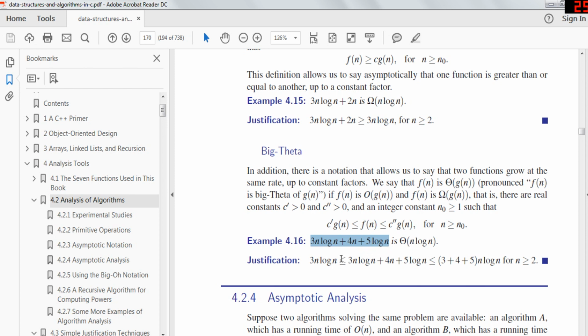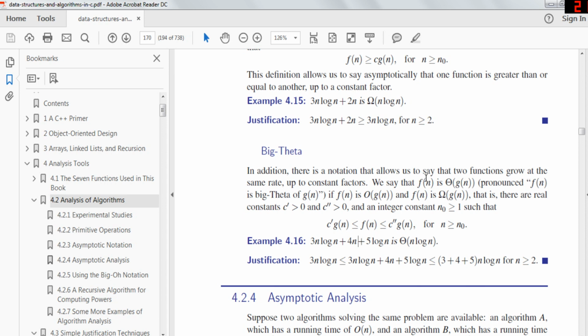That basically means that you can take the function that it is big theta of and multiply it by a constant, and it's going to be less than or equal to your function, but your function is going to be less than or equal to 3 plus 4 plus 5, which is adding up all the coefficients together, multiplied by n log n, for n greater than or equal to n0. This basically allows us to say that two functions grow at the same rate up to constant factors.